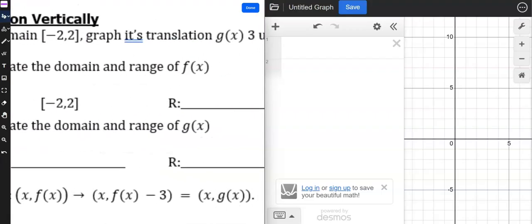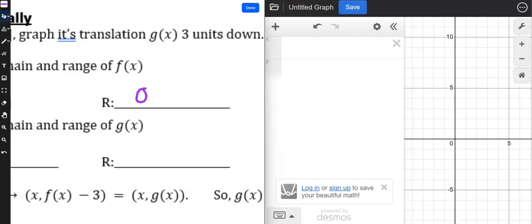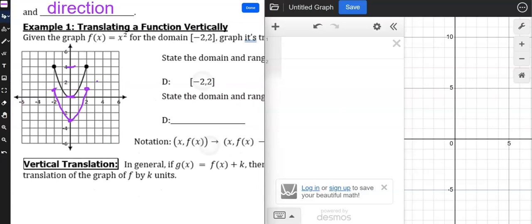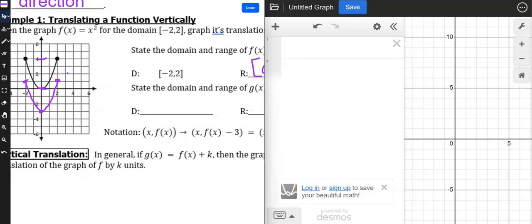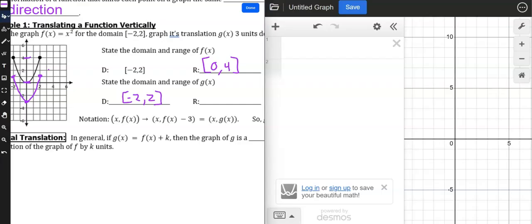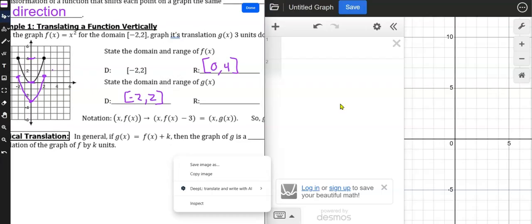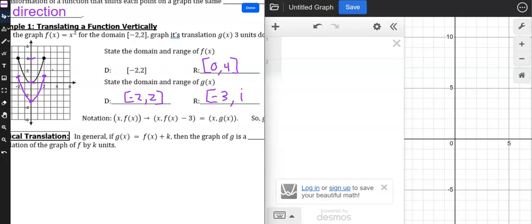Okay, so 0 to 4. 0, 4, and of course we want brackets on that because it's going from the top and the bottom. All right, now we slid the whole thing down, so that means the domain did not change, but the range did. So the range is now 3 units down, so that's -3 and 1.